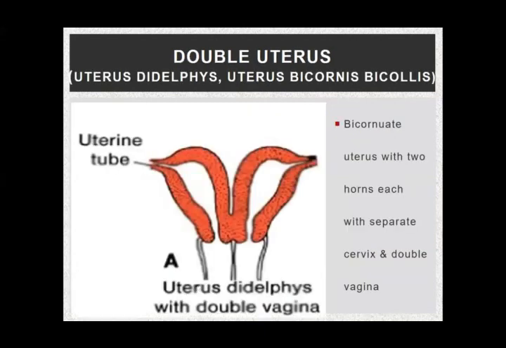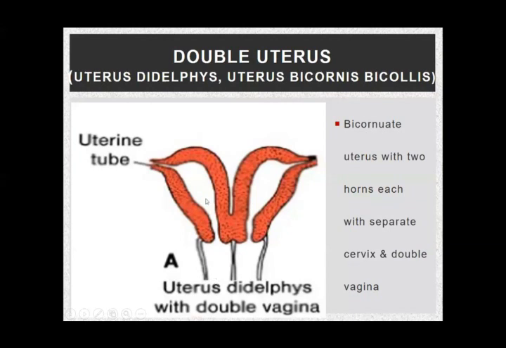अच्छा जी, ये थोड़ा सा आपको मुश्किल नाम लगेगा. Uterus didelphys भी कहते हैं double uterus को, uterus didelphys, uterus bicornis, bicornis अभी समझ आ जाती है. Bicornuate uterus with two horns, each with separate cervix and a double vagina. वही जो हमने अभी देखा.